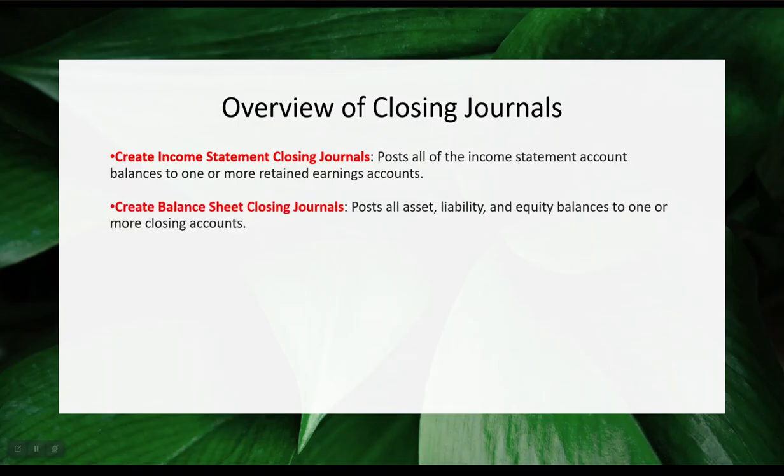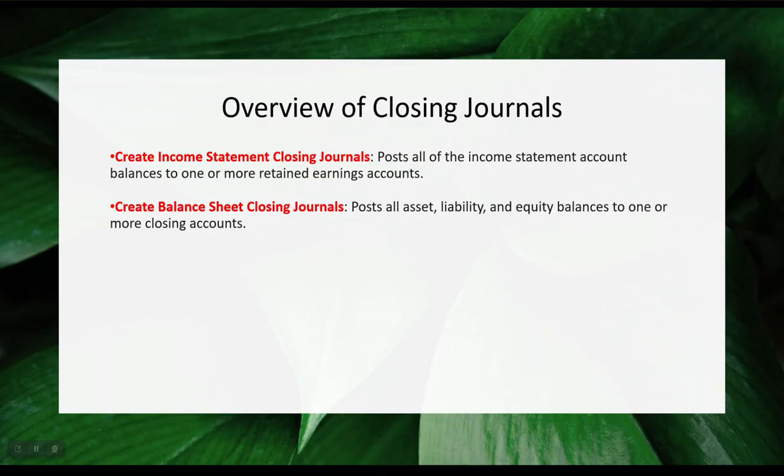The other one here is create balance sheet closing journals. It will post all assets, liability, and equity balances to one or more closing accounts. As you know, in our chart of accounts we have assets, liabilities, owner equity, expenses, and revenue.